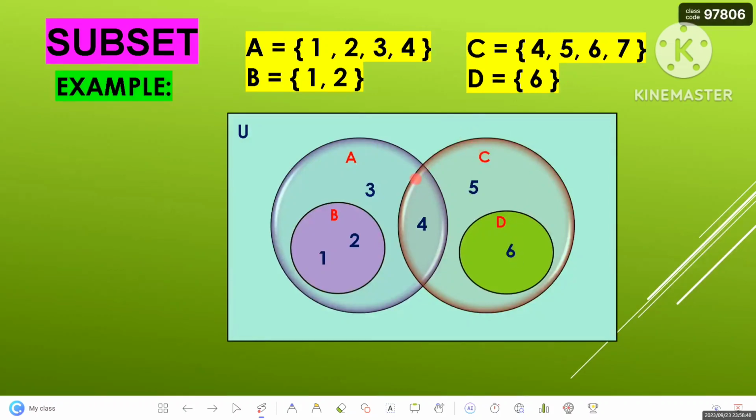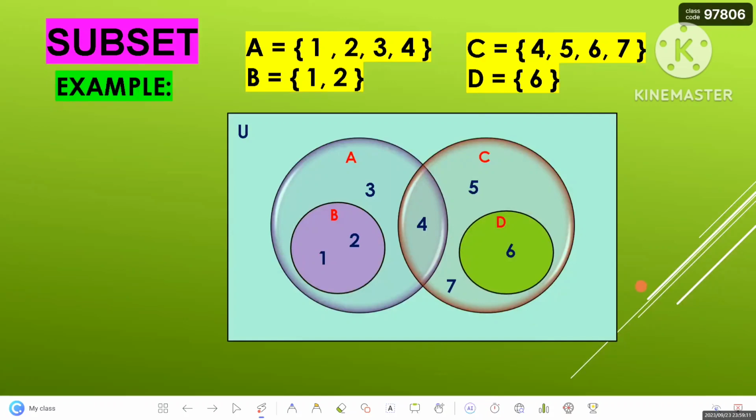Kasi, as you can see, ito pa rin ang set C, may 6 pa rin siya. Ito ang set D, may 6 pa rin siya. Tulad ng ginawa natin sa A and B, yung 1 and 2. So, saan mapupunta si 7? Since ang 7 is under sa set C, dito natin ilalagay sa labas.